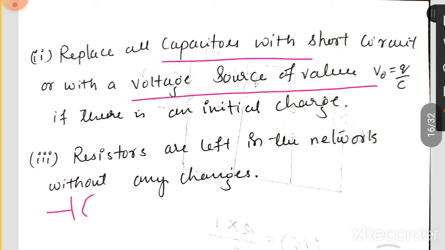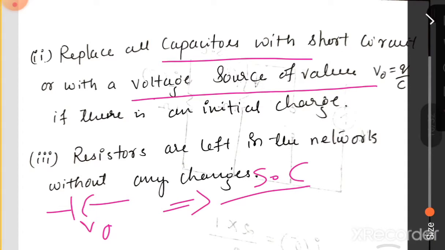If you have a simple capacitor with no voltage across it, then directly short it. If you have a certain voltage across it, then don't show a short circuit; show it as a voltage source with the same voltage.